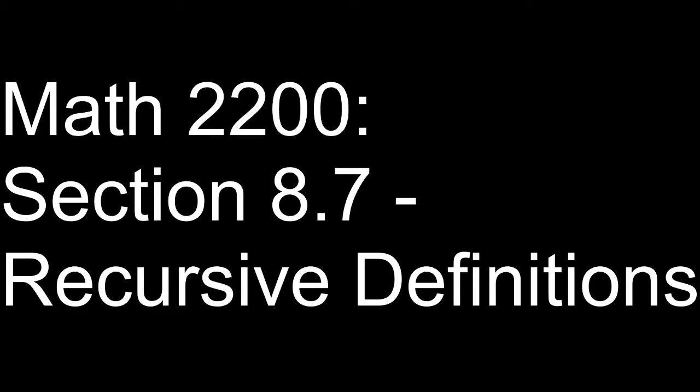This should be pretty familiar. Only instead of sequences being defined recursively, we're just going to have certain objects defined recursively, whether it be functions or binary strings, nested parentheses, trees, binary trees. You'll see all those examples in this section here.